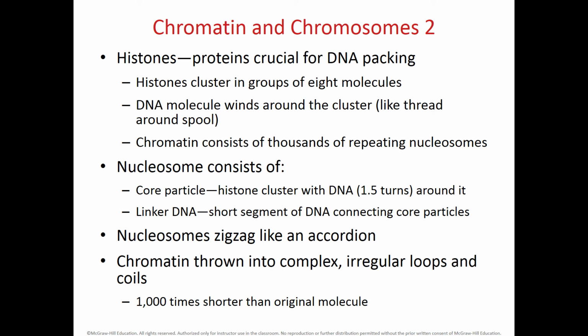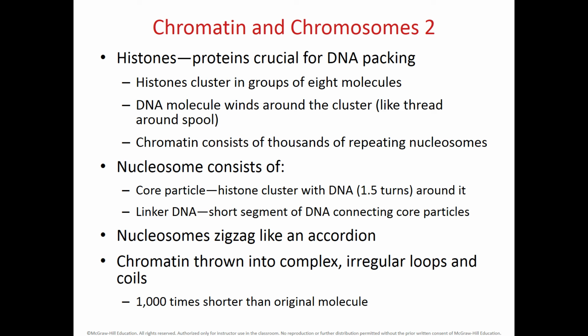So what are histones? These are proteins that are crucial for the packing of the DNA. Histones are made of several amino acids that have a positive charge, and because the DNA is negatively charged, it tends to wrap around these histones. Now the histones are made out of specifically 8 molecules, and the DNA, when it's wrapping around, forms like a spool, and then the chromatin will consist of thousands of repeating nucleosomes, which are the DNA wrapping around these histones.